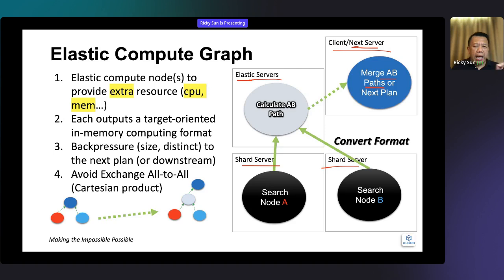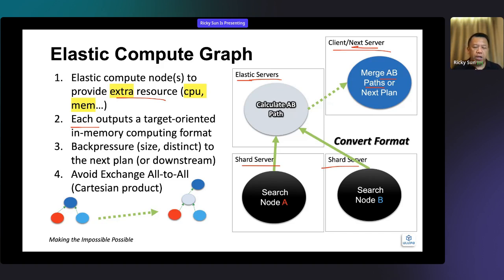So elastic compute nodes can be used to provide extra resources like CPU, memory. These are the critical resources, but elastic computing, that's exactly what the compute nodes can offer. And also each outputs to a target-oriented, in-memory computing format for accelerated performance, and there would be back pressure to the next plane or downstream.